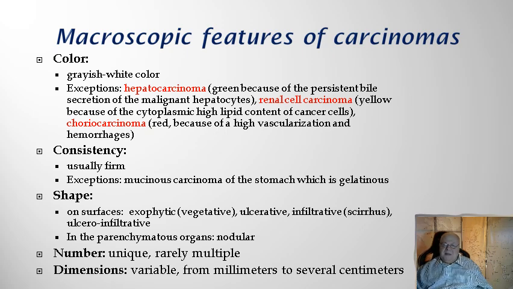As an exception from the general rule, hepatocarcinoma, when is well differentiated, and only when is well differentiated, maintaining the capacity of the tumoral cells to produce bile, it's turning the color in green. Renal cell carcinoma, another very particular type of tumor of the kidney, obviously. It's yellow in color because have this property of accumulating in the tumoral cells lipids.